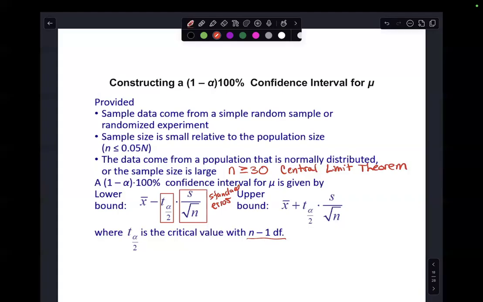And then you take that value and multiply it by that standard deviation, and it'll give you the edges, the boundaries of my confidence interval. But remember, because we're dealing with samples, we have to use n-1 degrees of freedom. Any questions before we do math? Okay, let's move on.